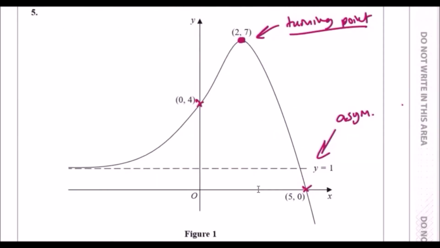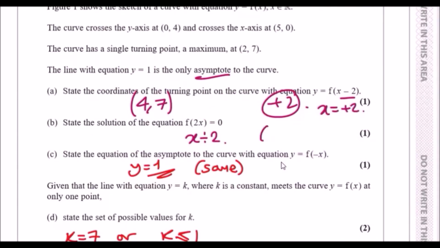The only time the curve hits the x-axis is at (5, 0). So half of 5 is 2.5. That's our answer: 2.5, or you can also write 5/2, both are fine.